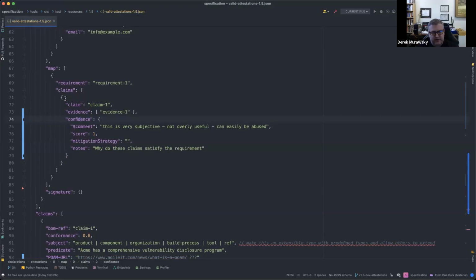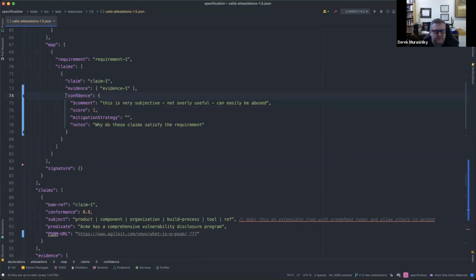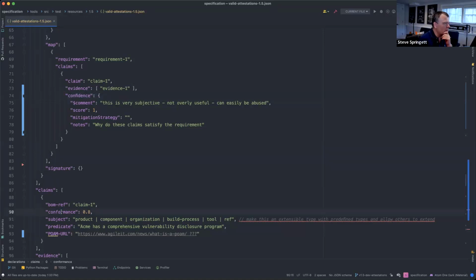Versus down below in the claim, everybody's always going to say, oh no, we are 100% compliant with this. Yeah, I think if we change this noun, maybe... well, no, that's different. This is confidence, and this is saying how much we are meeting a given requirement.